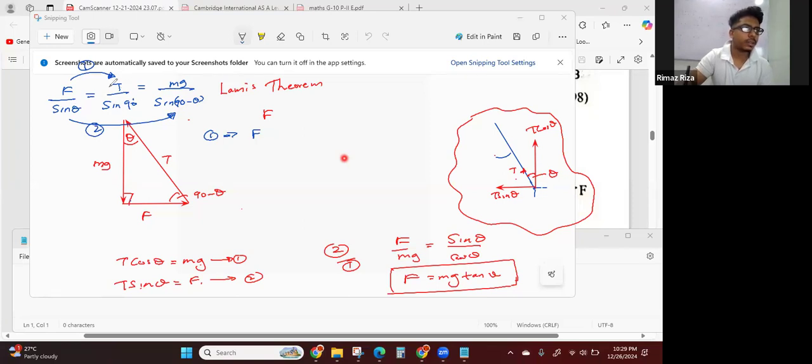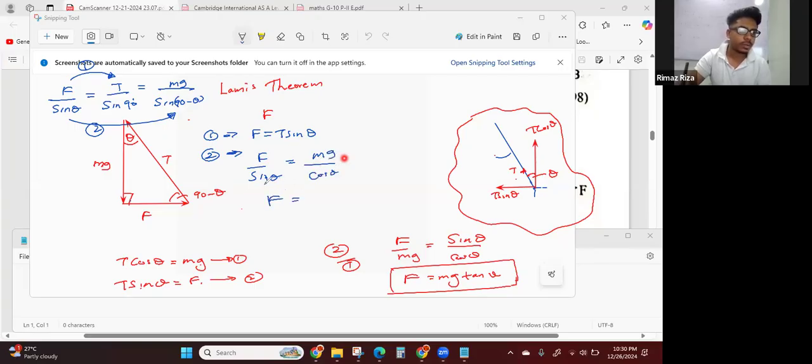From the second relation, F over sin theta equals mg over cos theta.